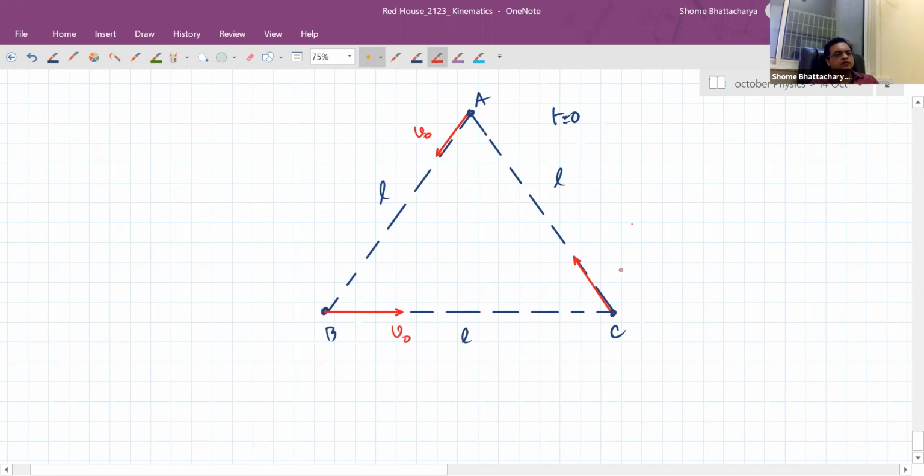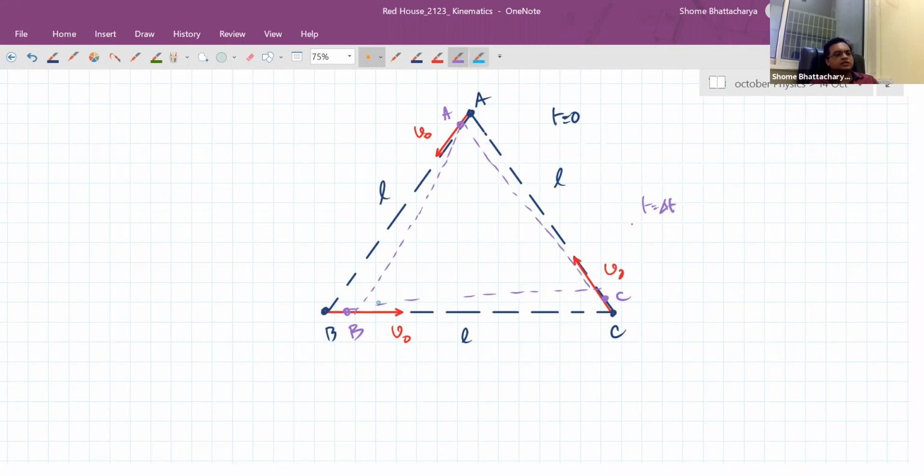Okay. So what will happen is, after a short time delta t, let's say A has reached somewhere here now, B has reached somewhere here now, and C has now reached somewhere here. So they are forming a new equilateral triangle, which is slightly smaller in dimension, like this now. So accordingly, the direction of the velocities will also change.